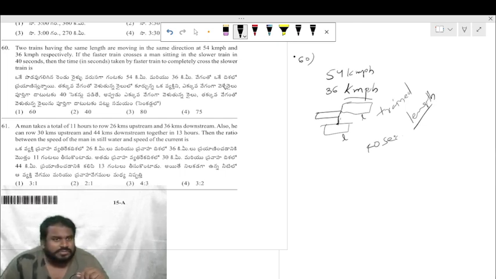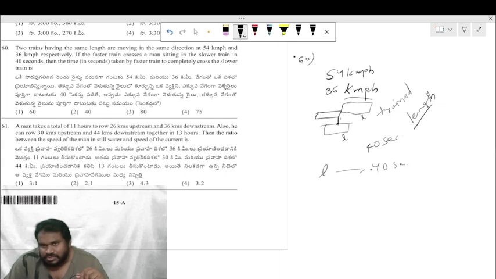So then the time taken by the faster train to completely cross the slower train, instead of the person. The person is a point. The train has a length, right? So to cover L distance, its own length, it took 40 seconds.